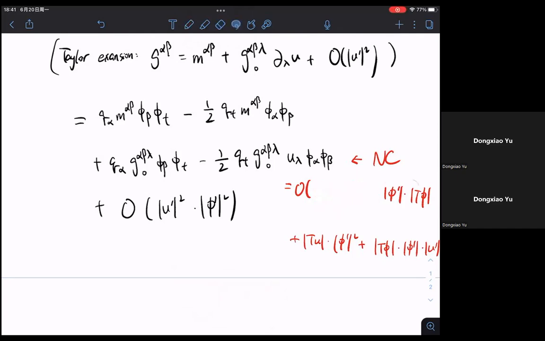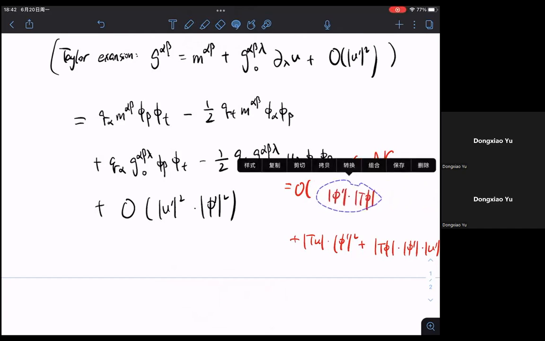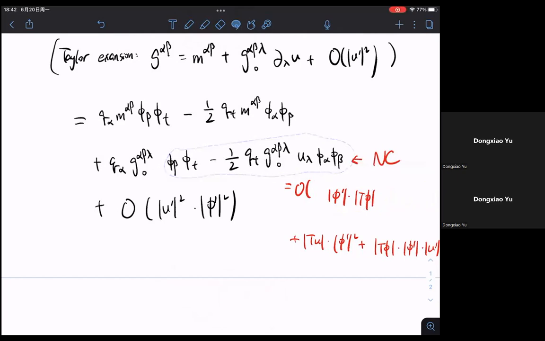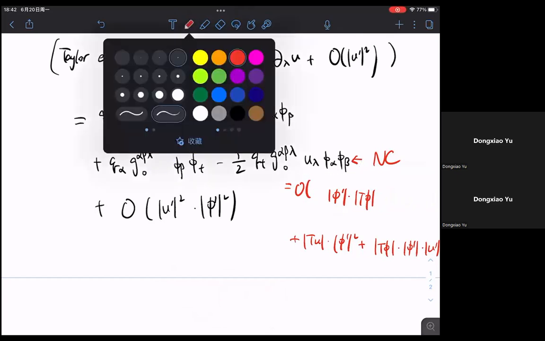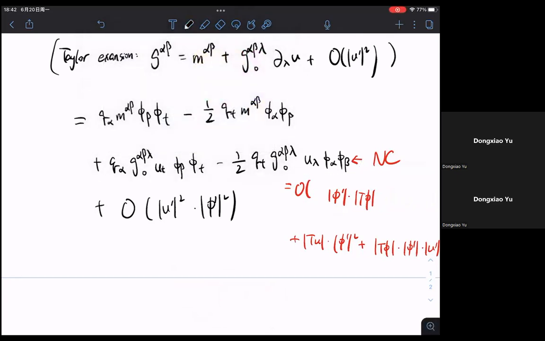So the final estimate for the second row here would be, okay, I actually made a small mistake. I forgot one U prime here. So sorry about this. We actually have this UT here.